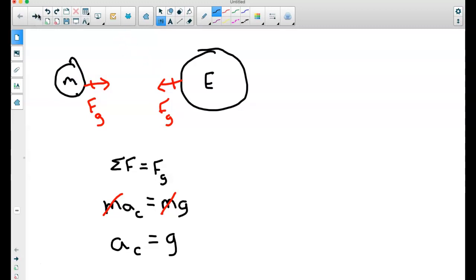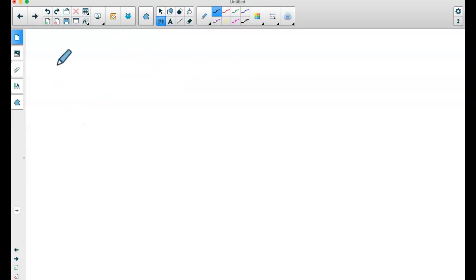So I'm going to go ahead and calculate the moon's centripetal acceleration. And I looked up a few values to help with that. So first, the radius of the moon's orbit, which is measured from the center of the Earth to the center of the moon, is 3.85 times 10^8 meters.